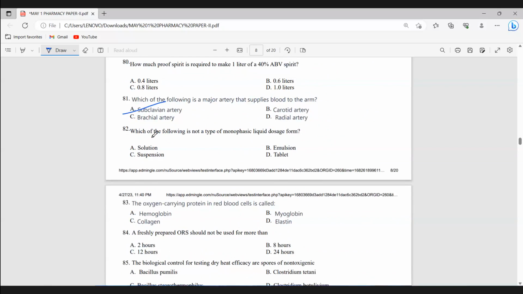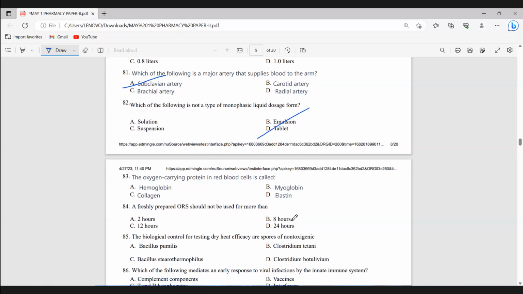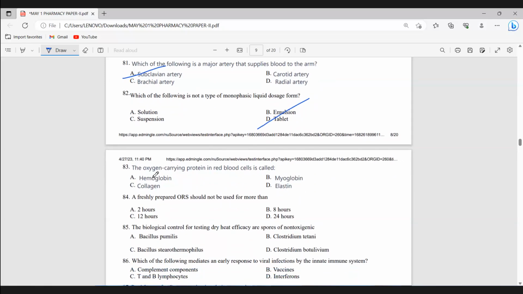Then 82, which of the following is not a type of monophasic liquid dosage form? Tablet is not. Then 83, the oxygen carrying protein in red blood cells is called hemoglobin. It was given as 'not a type'.